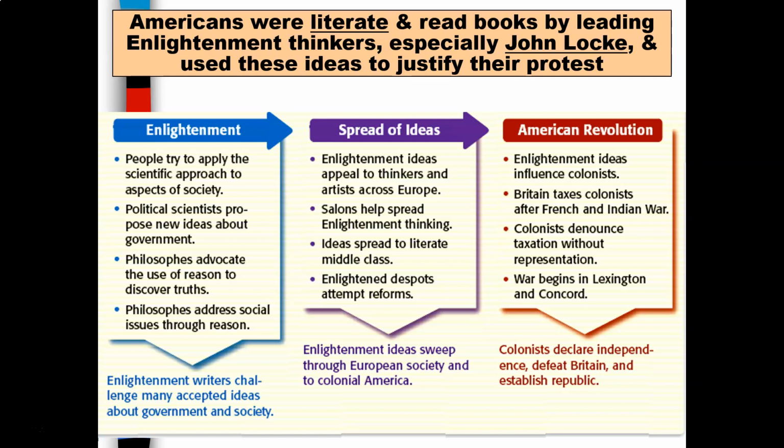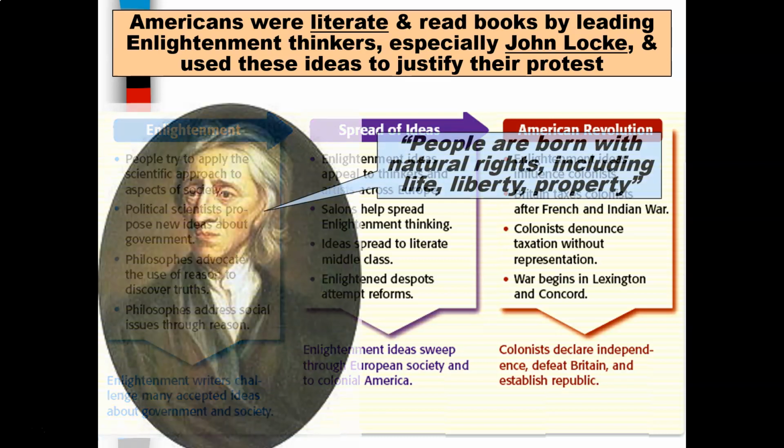Enlightenment writers challenged many ideas about government and society. Now, those ideas spread all over the place. Enlightenment ideas spread throughout Europe and also to colonial America. Ultimately, the Enlightenment ideas brought about the American Revolution.